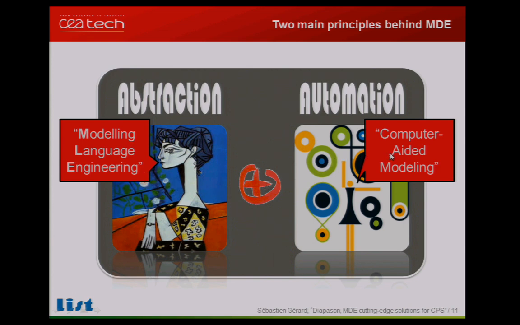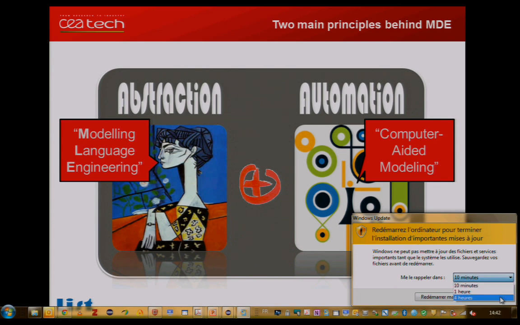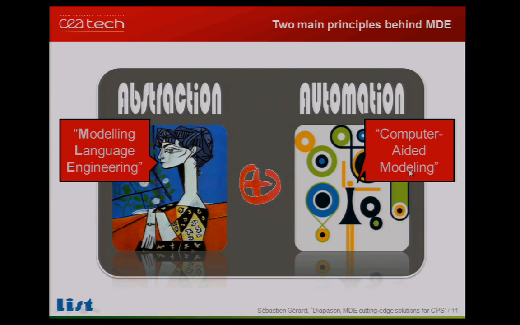And automation: there are two main principles, the ability to describe, to abstract a problem, and the ability to exploit the abstraction, the description. So model compilation is a kind of automation, as are code generation, documentation generation, and so on. And we put that in the context of automation, we get what we call computer-aided modeling, or expert systems, in fact, behind that.